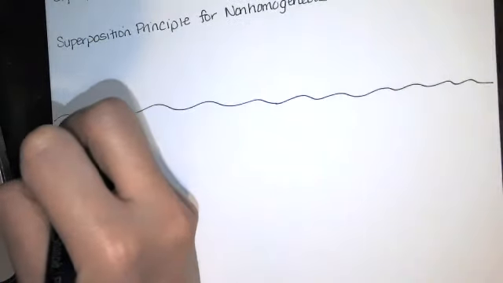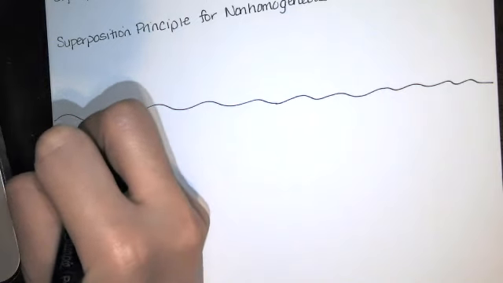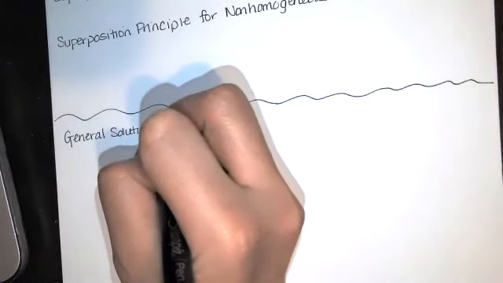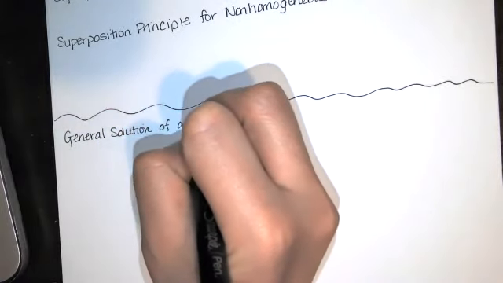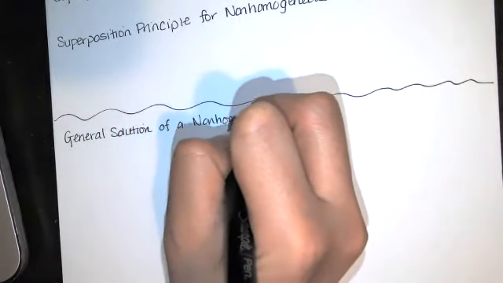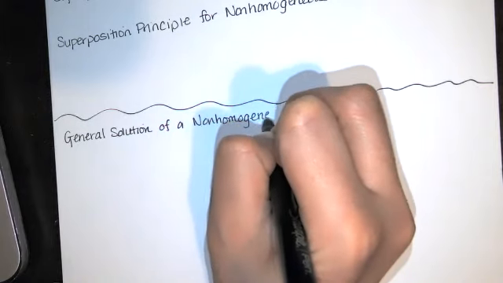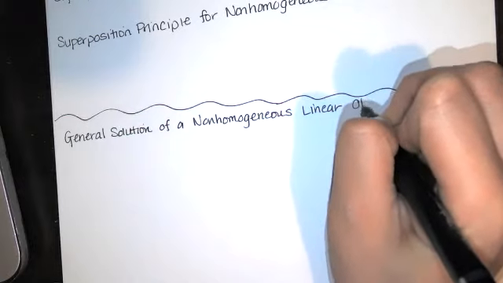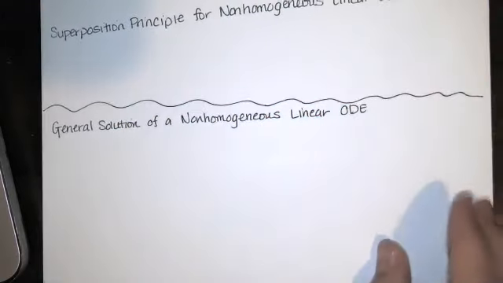So here is the general solution of a non-homogeneous linear ODE. This is the form of the general solution. It has two pieces.